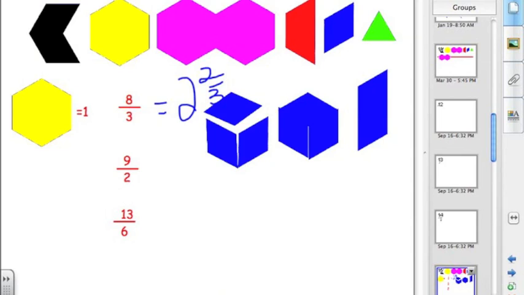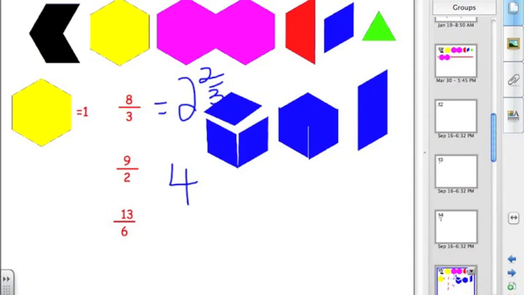So if I have 9 halves, how many wholes can I make? 4. Why? So every whole, let's re-language this, instead of saying 4 times 2 is 8, say 8 halves equals 4 wholes.